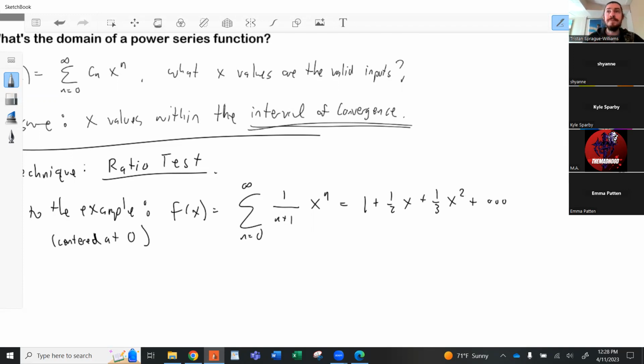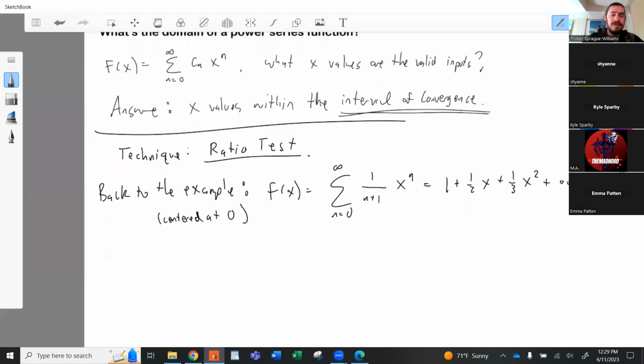Remember that one? If we apply our ratio test, rho is equal to the limit as n goes to infinity of the n plus first term divided by the nth term. That was our ratio test.